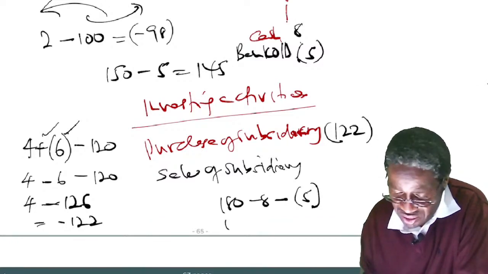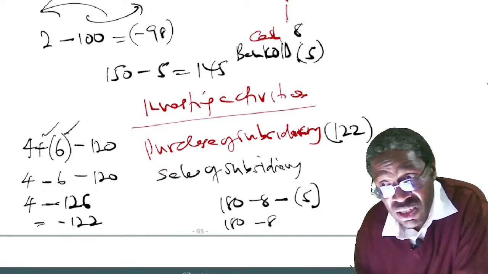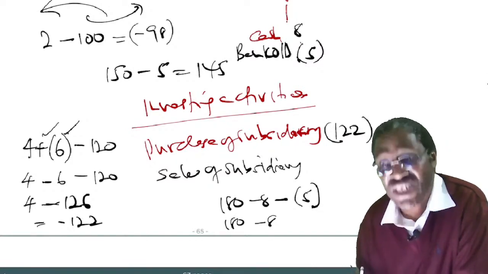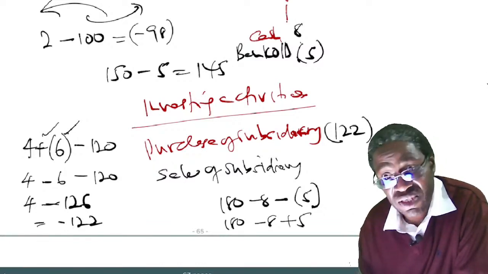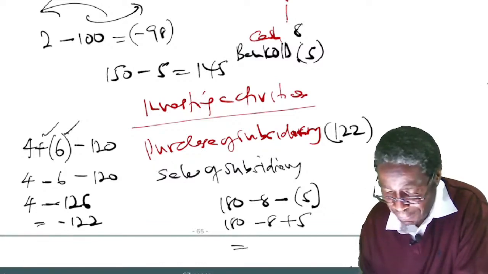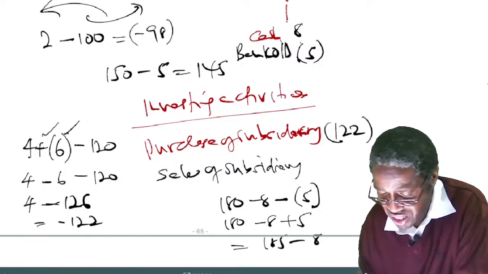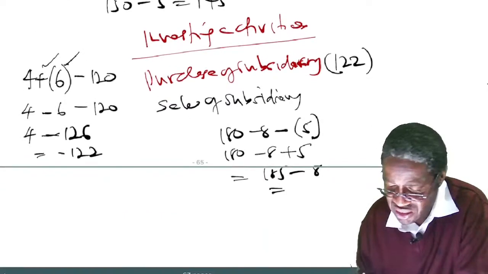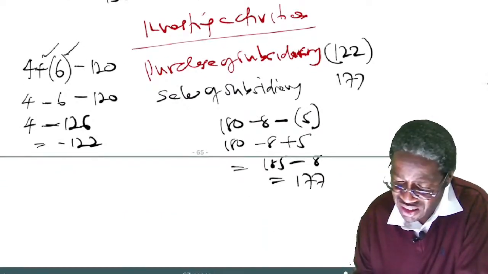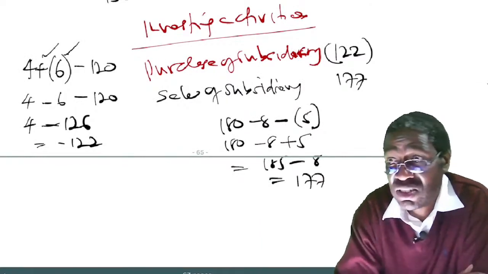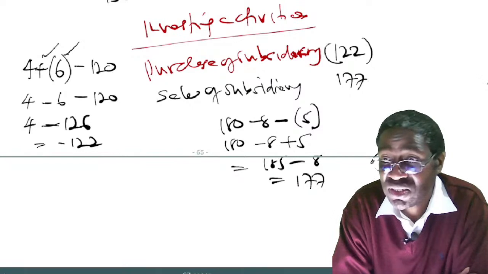So this is 180 minus 8, and minus a negative is a positive, so that comes to be plus 5. So this will be 180 plus 5, that will be 185. Minus 8 looks like 177. So that's what came in, 177. Most of you got it.